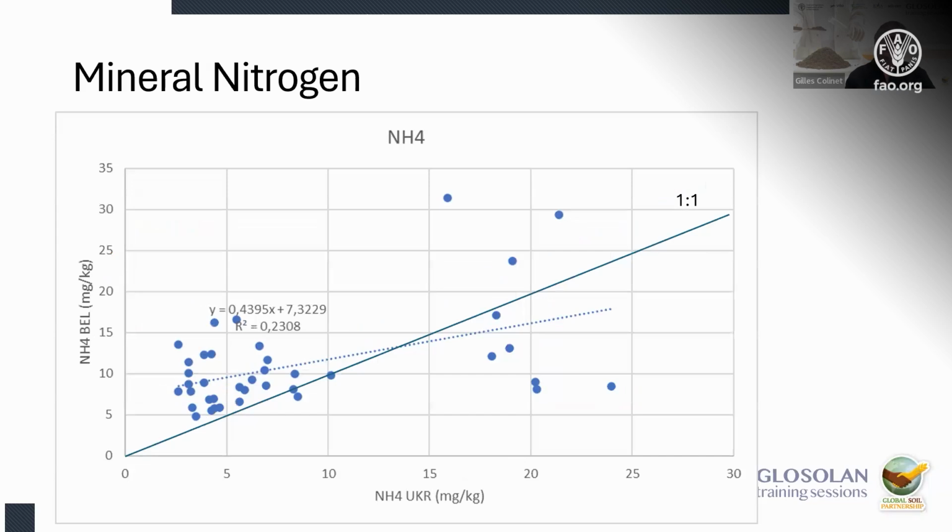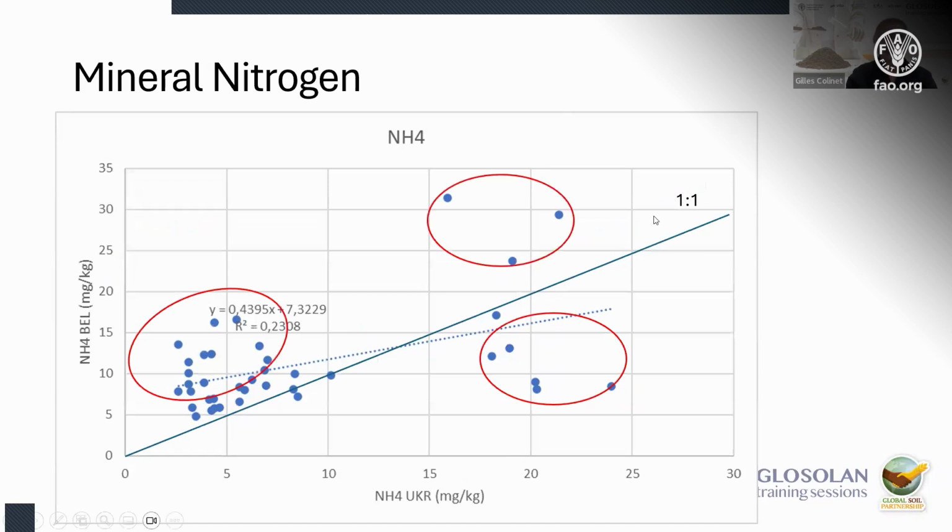And regarding the ammonium, see again that you find these two levels of differentiation, and also for some of the high values in Ukraine, we also had higher values in our cells.